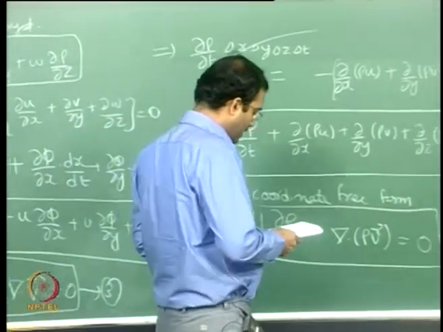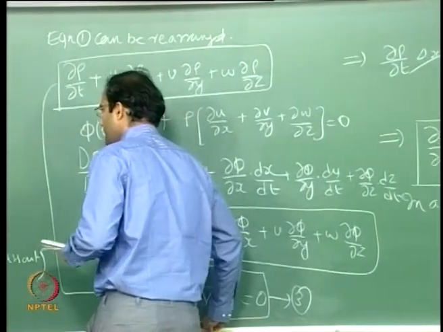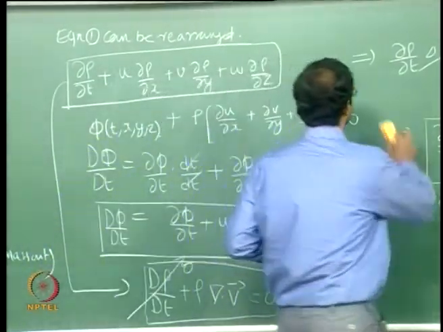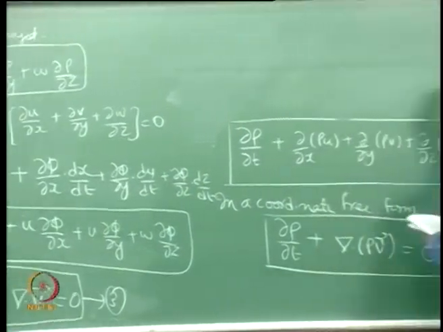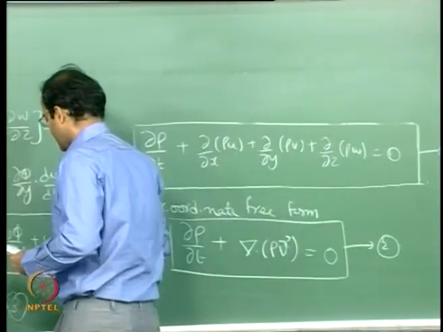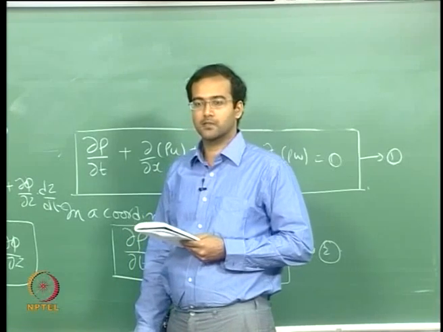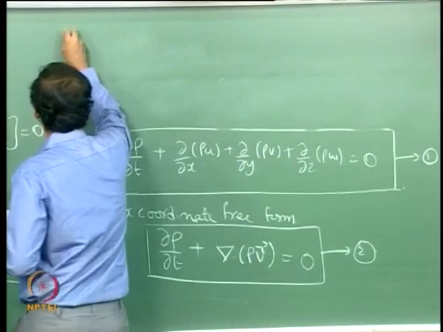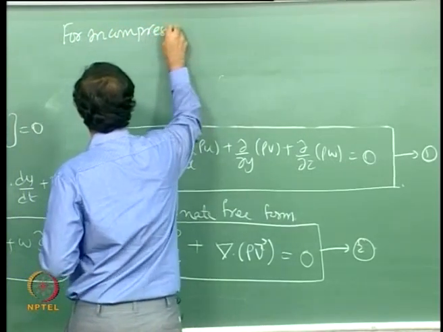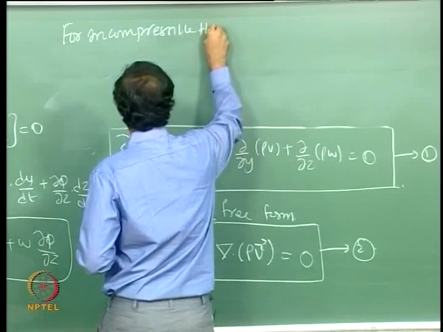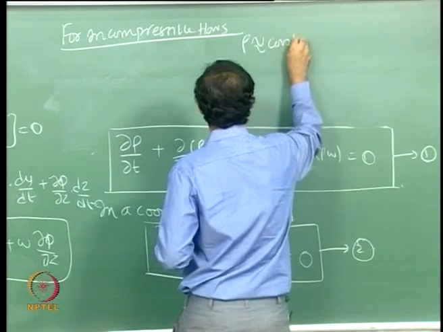And for incompressible flows you can go one step further. When you are looking at incompressible fluids where the density change is not much, or incompressible flows where your density variation is not much because of very low Mach numbers, in such cases your density is invariant, so you can assume density is constant.